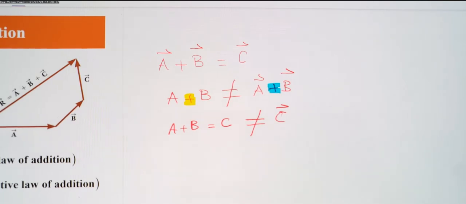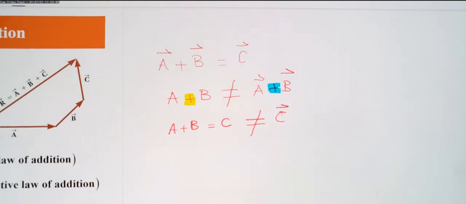Go ahead. Do you mean that the magnitude of the vector is not equal to the vector or something like that? The magnitude of C, you mean? Yeah. That's a different story. I'm talking now about the need to differentiate between the normal addition that you put on your calculator and the vector addition.